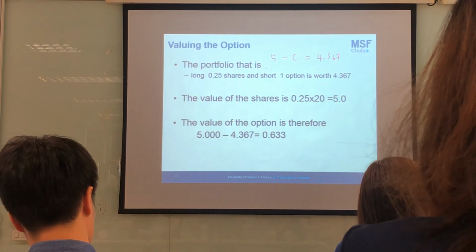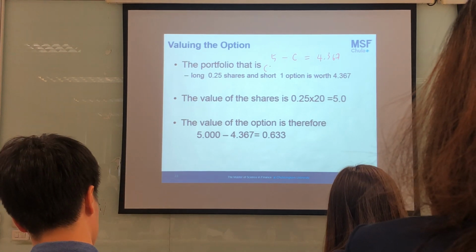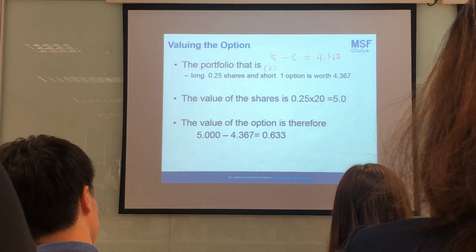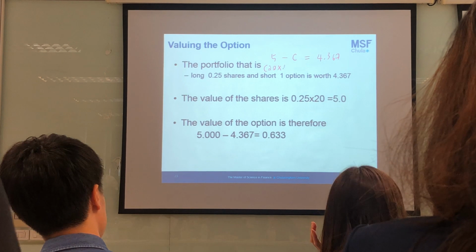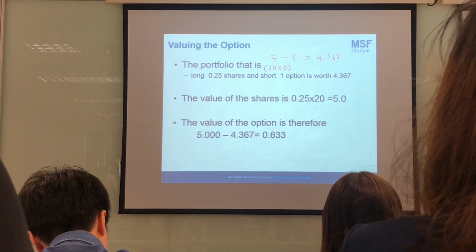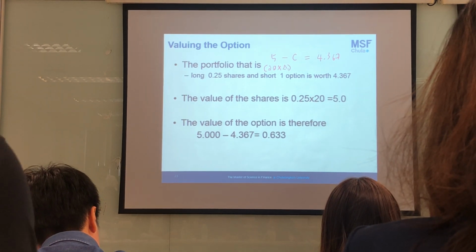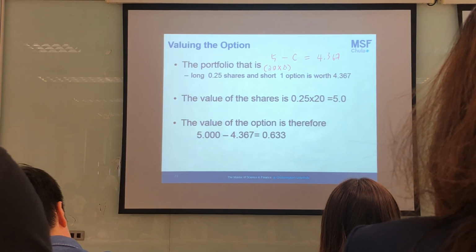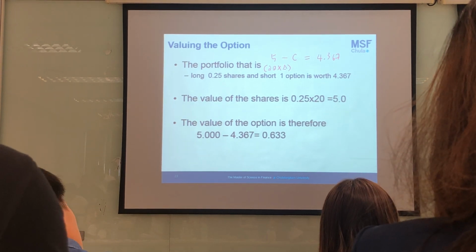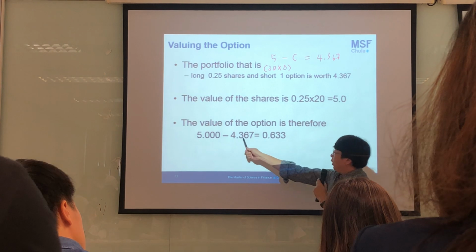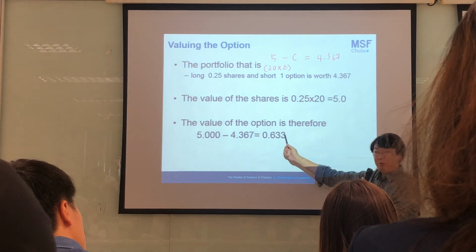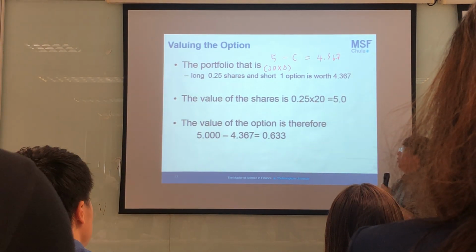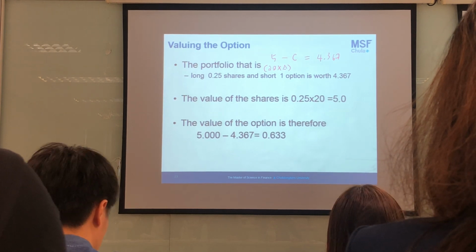And 5 comes from the current stock price 20 multiplied by delta of 0.25. So the value of the call today must be equal to 5 minus 4.367, which is 0.633.